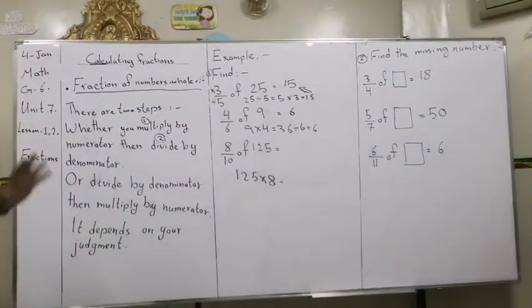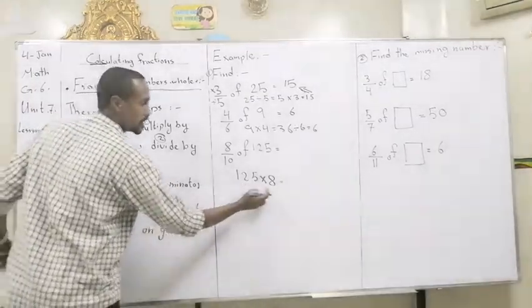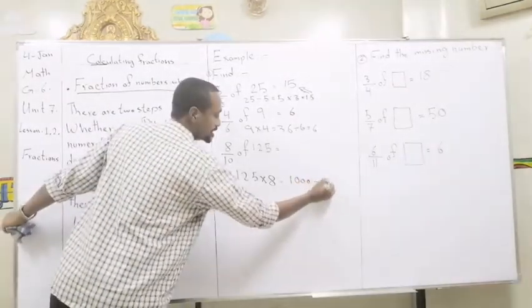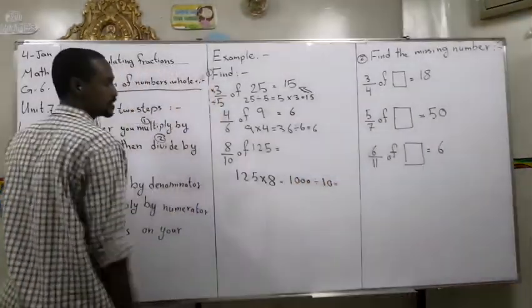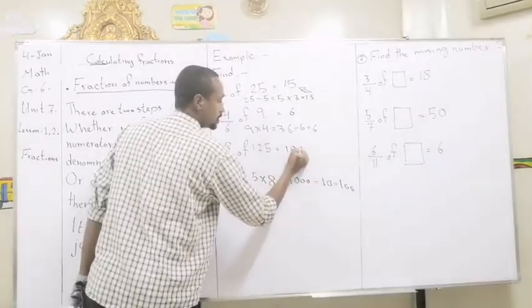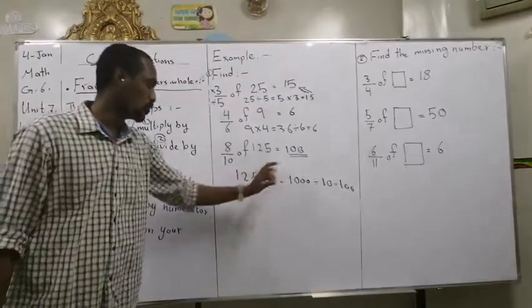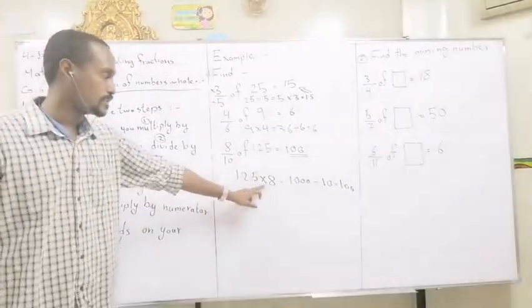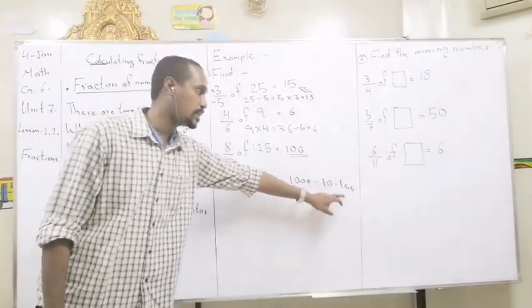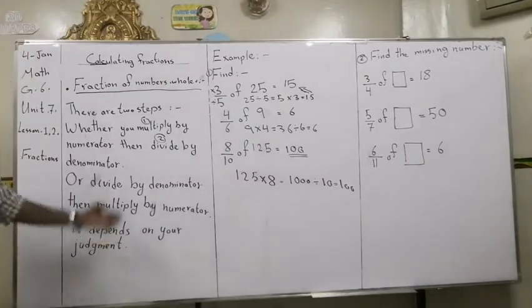So 125 times 8 equals 1000. 1000 divided by 10 equals 100. So 125 times 8 equals 1000, divided by 10 equals 100.